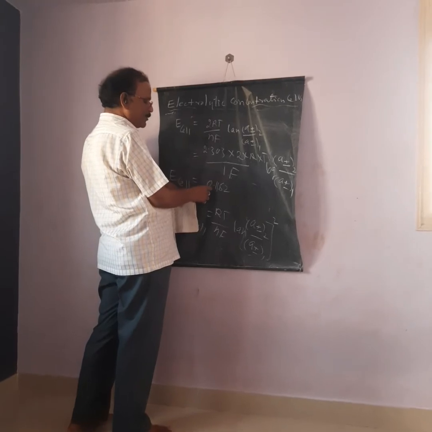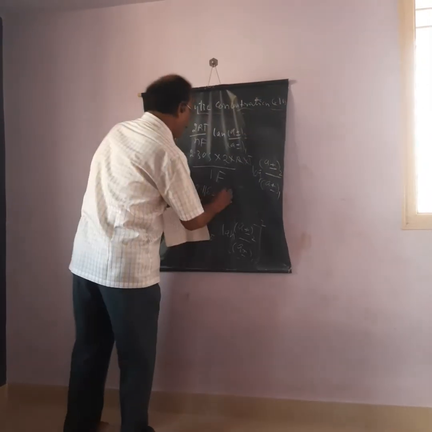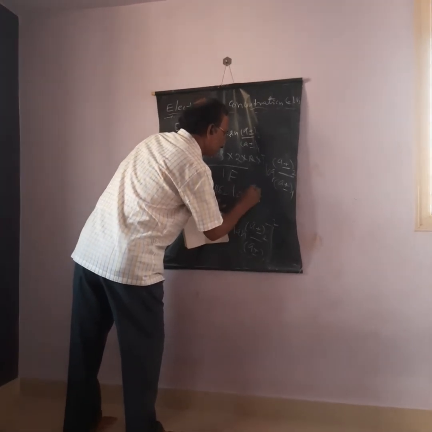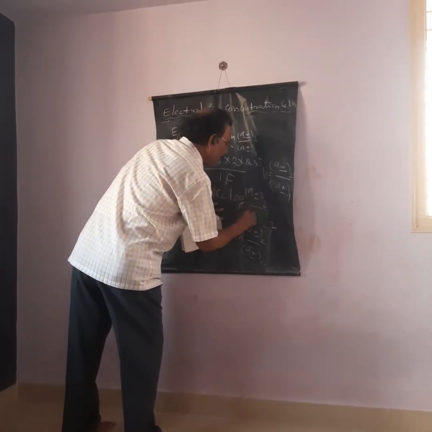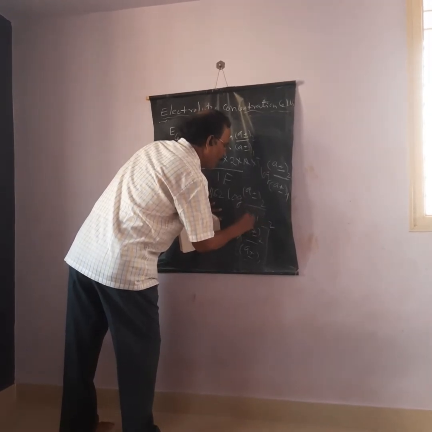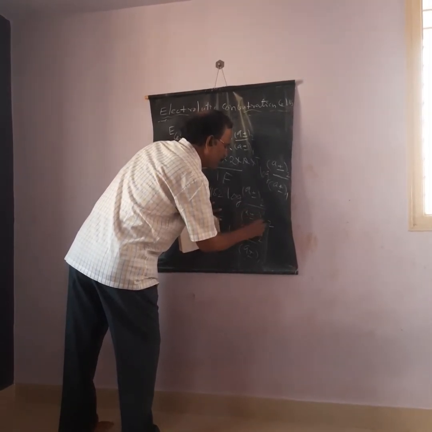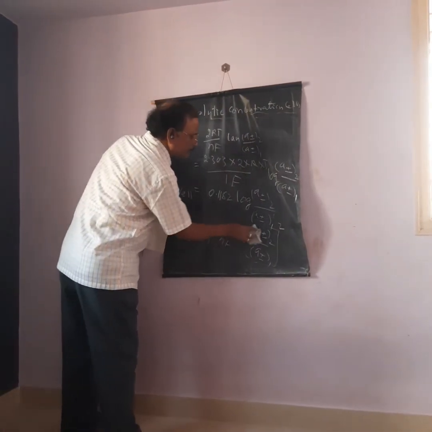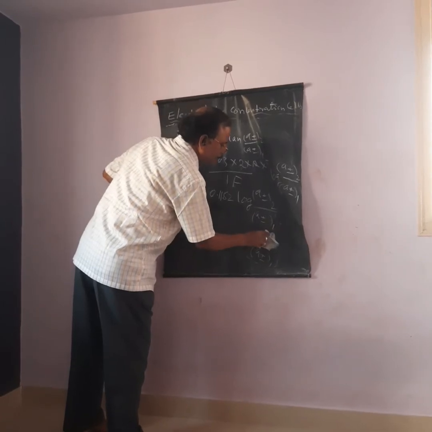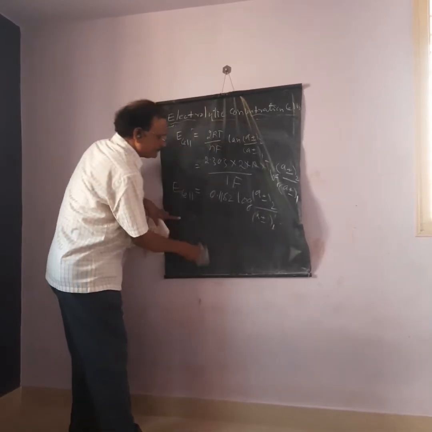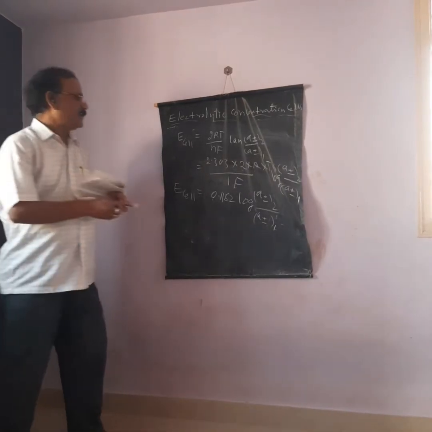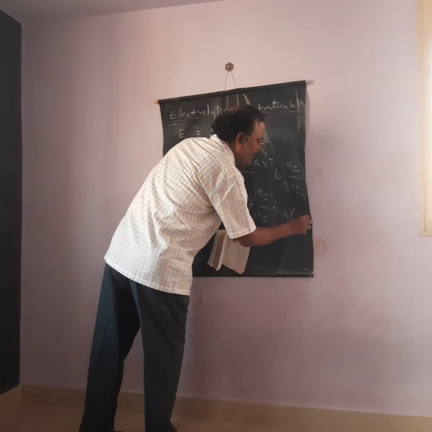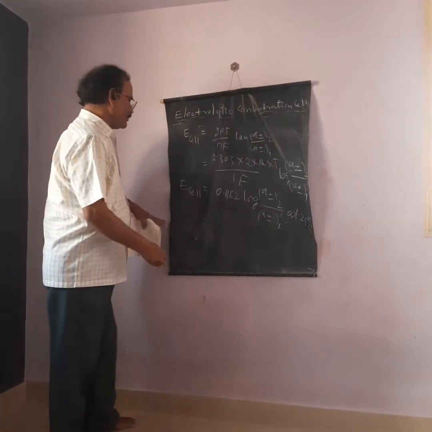The whole value becomes 0.1182 into the logarithm of A plus or minus 2 divided by A plus or minus 1, at 24 degrees centigrade.